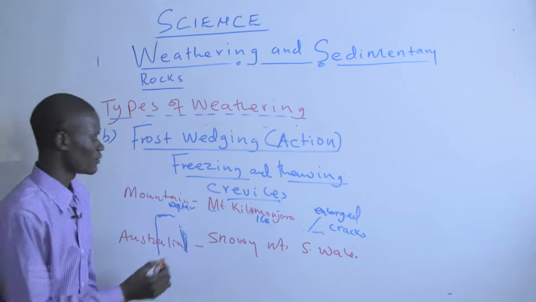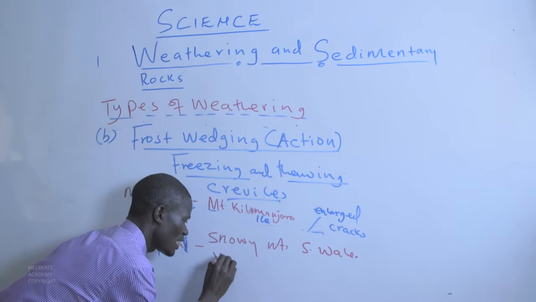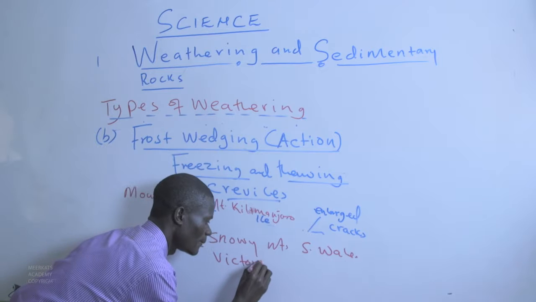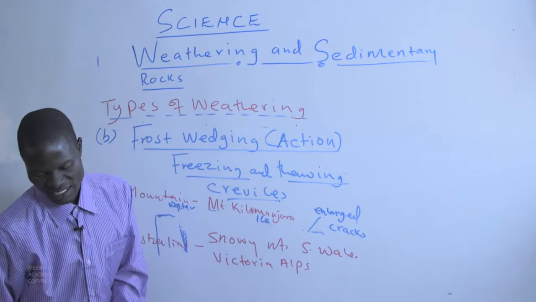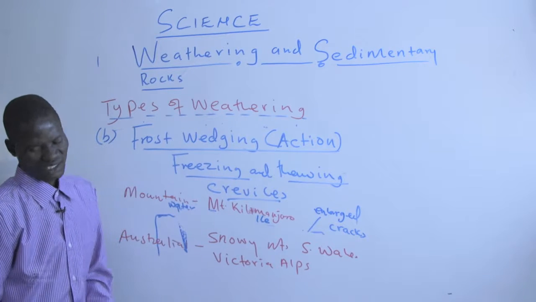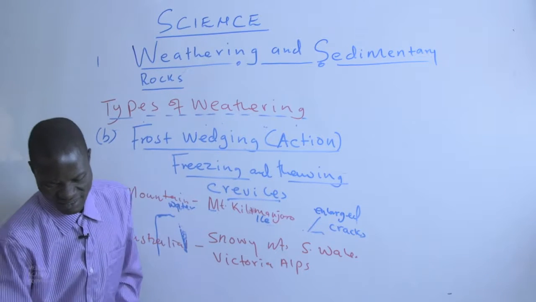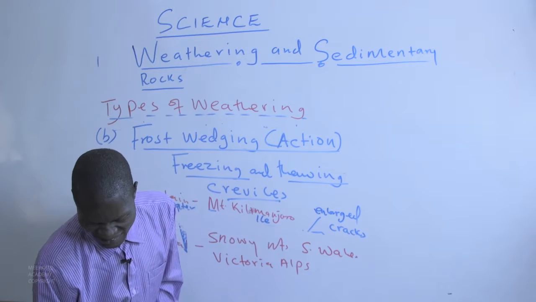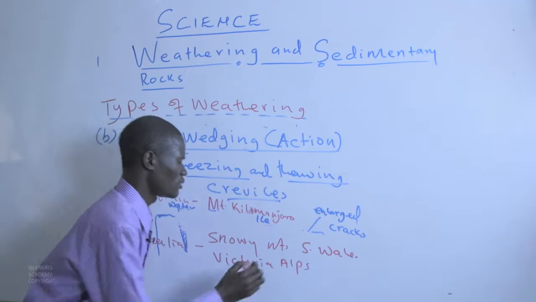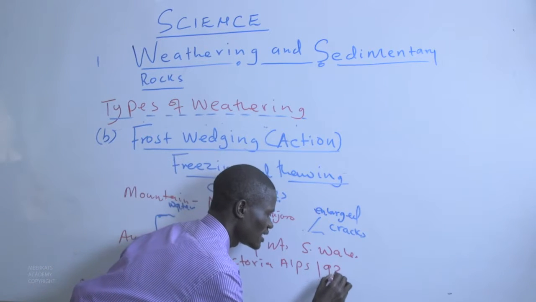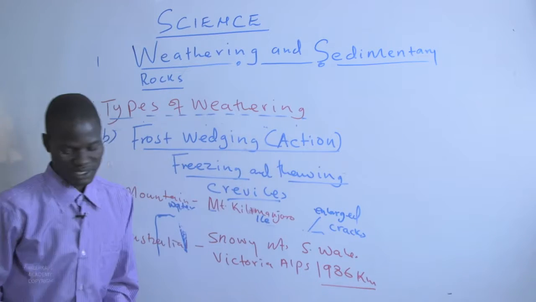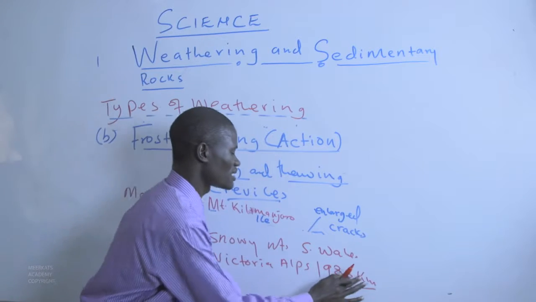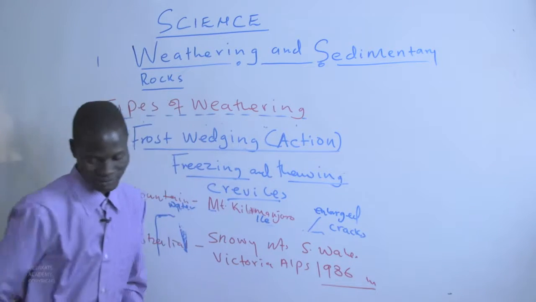We also have another one, known as the Victoria Alps. It is found at 1,986, that is, oh, it is not kilometers, it is meters above the sea level.